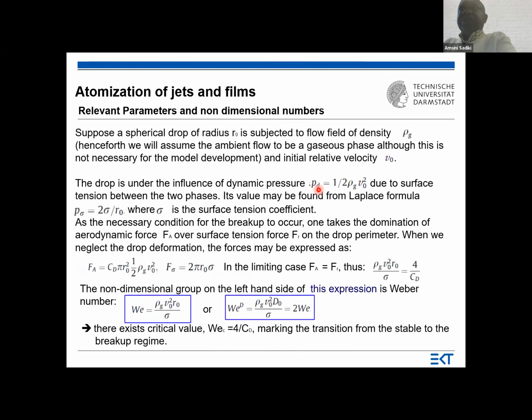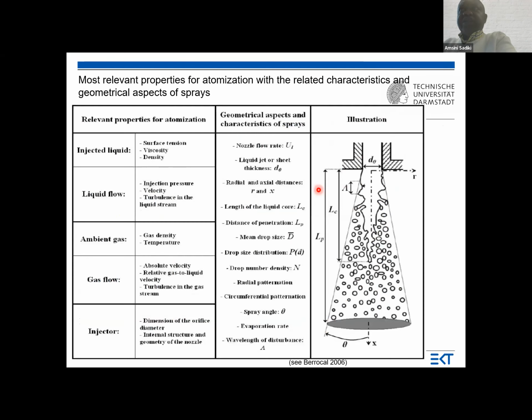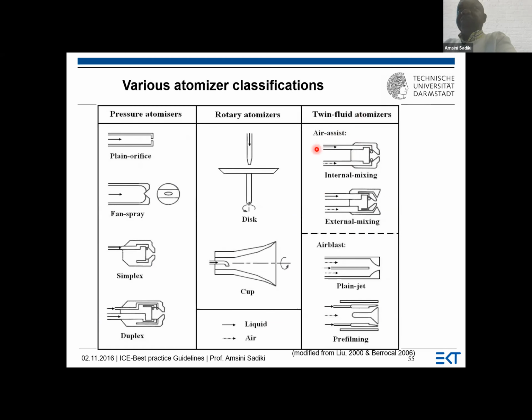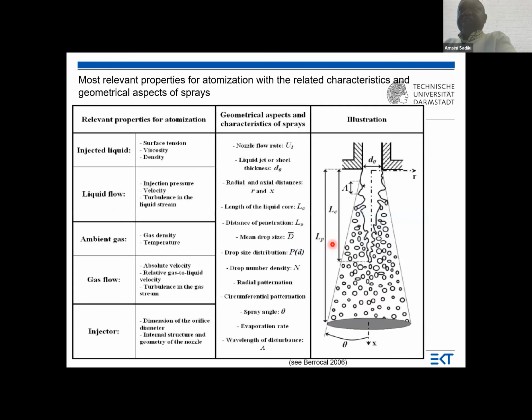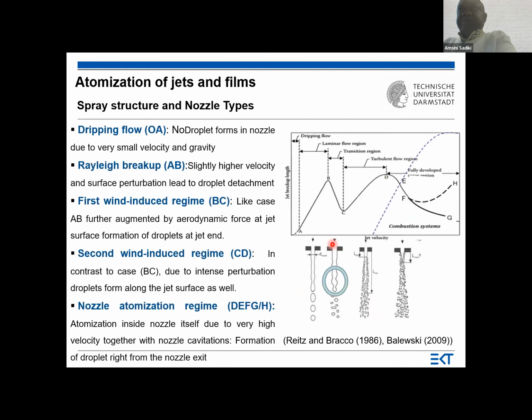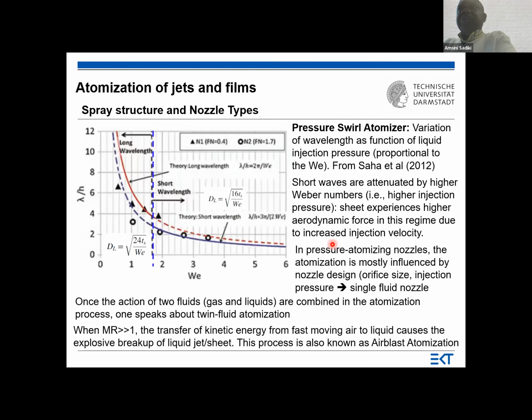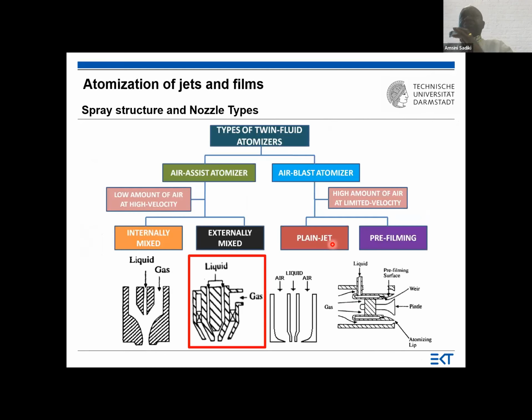I show you a little bit here how we did it. We have this twin fluid, with air assist and air blast atomizer. Everything was summed up yesterday, and here we would like only to put in more details.